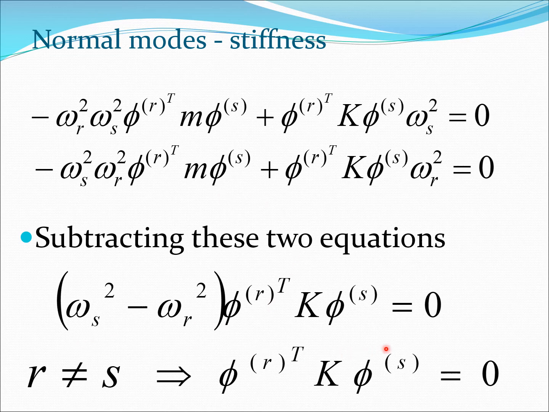So now this equation is also another very important equation, and you can straight away say that when R is not equal to S, one more normality holds here, and that is that phi R transpose K phi S equals 0.